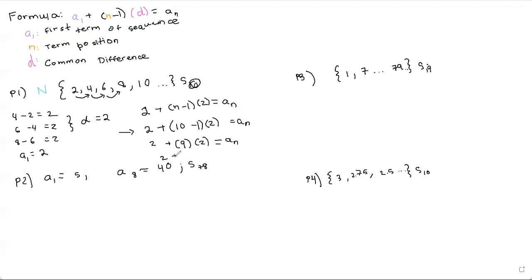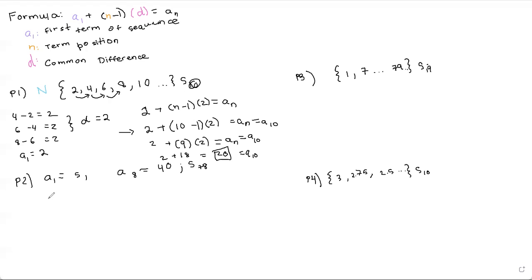And 2 plus 18 is equal to 20, which is equal to a10. I forgot to substitute a10, so I'm just going to write a10 here. So we know that our a10 is equal to 20.